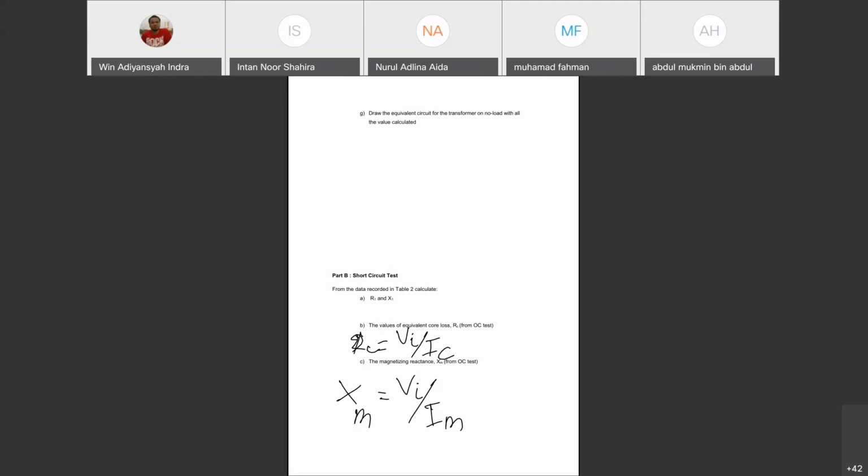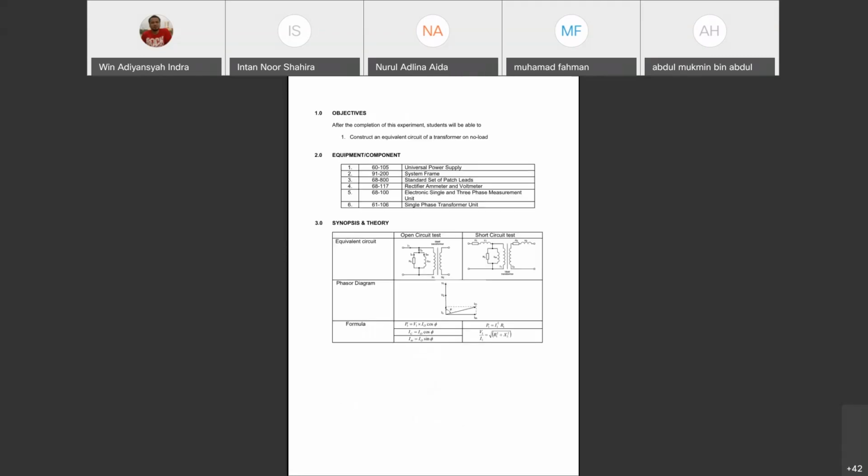Okay, the last one. Draw the equivalent circuit for the transformer with all the values calculated. So basically you just have to put in the numbers here. For R1, put the number, how many ohms.